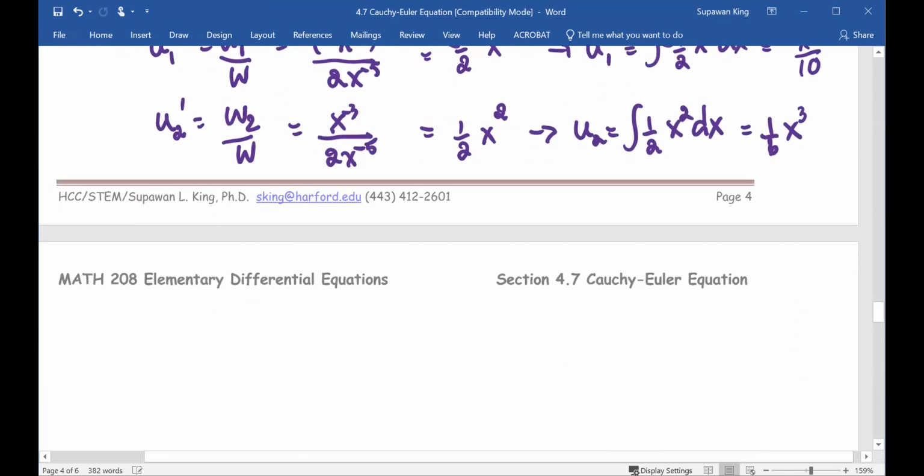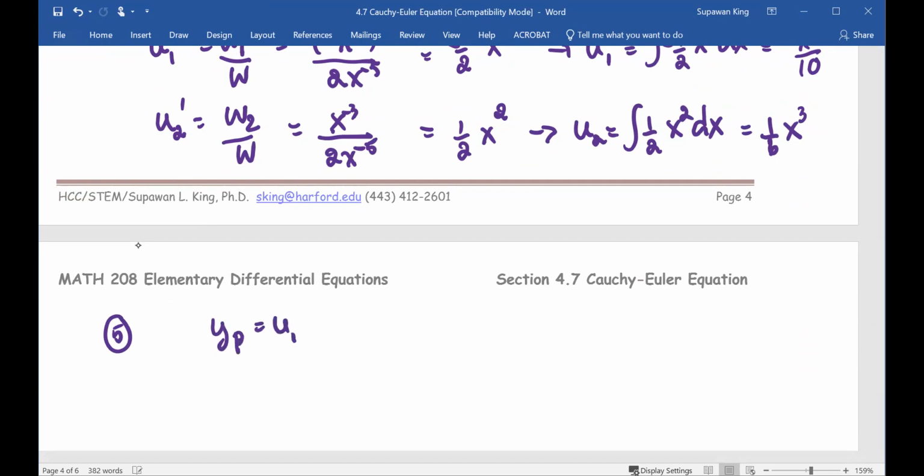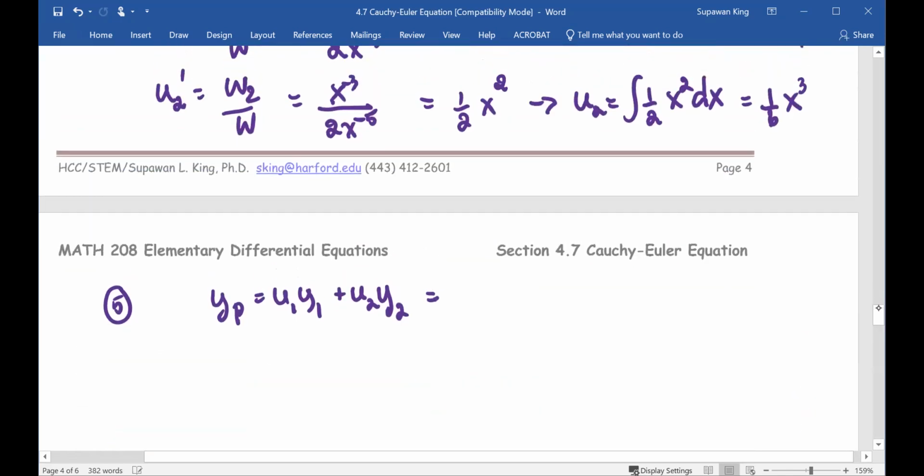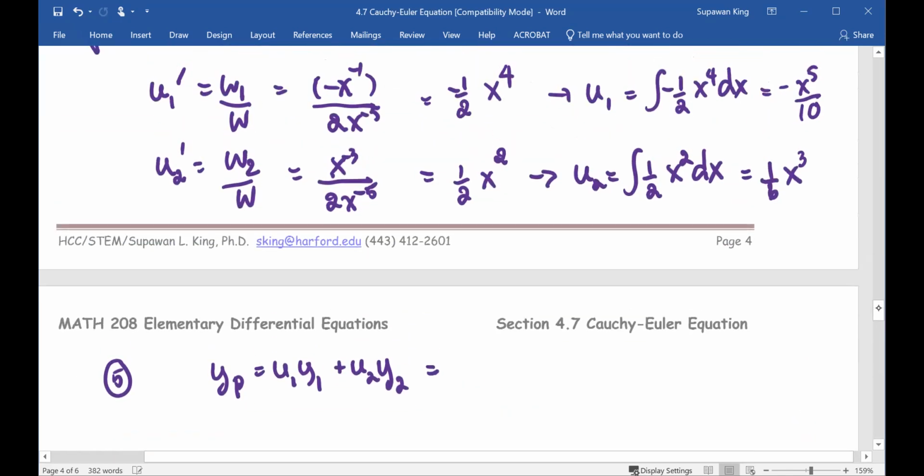And then the last step, just to wrap up, step number 5 is put pieces together. So yp is u1 y1 plus u2 y2. U1 is negative x to the fifth over 10 times y1.